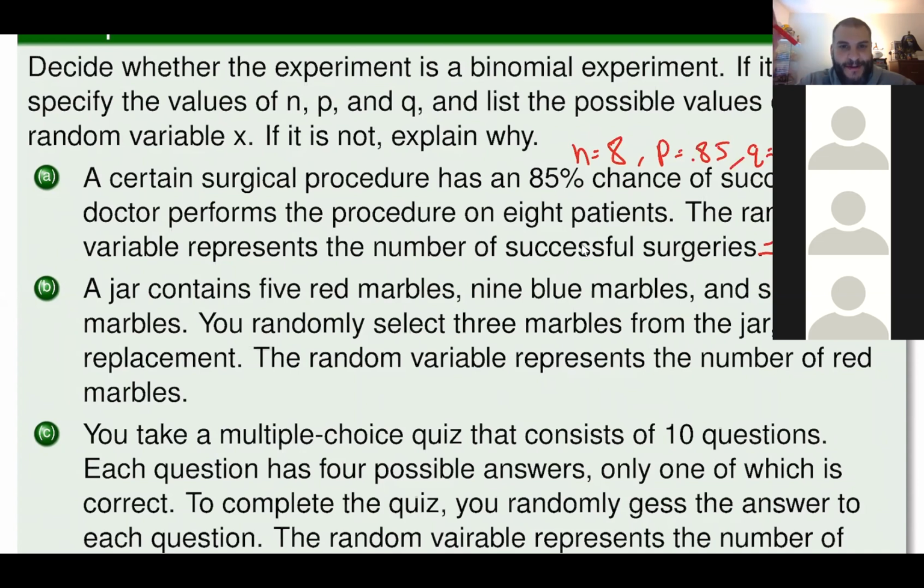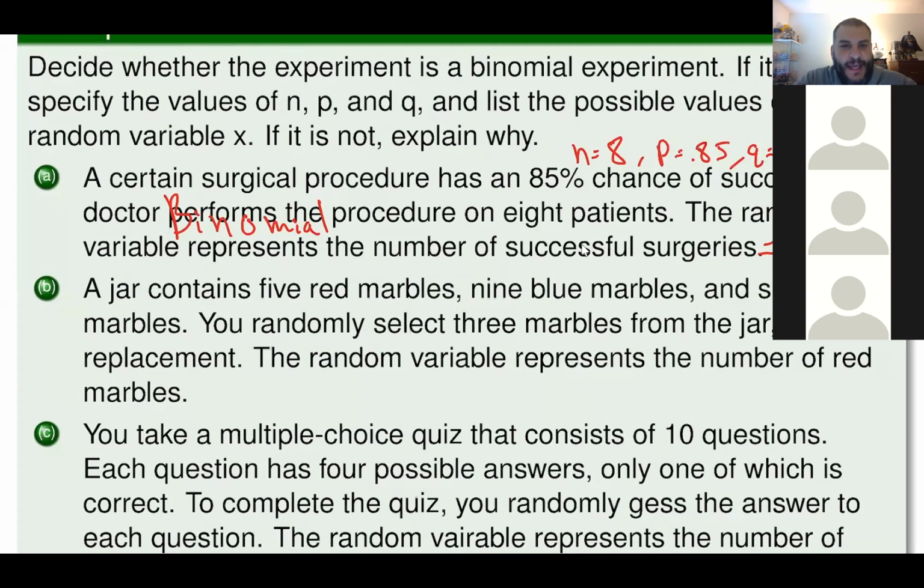Well, if you look at the problem, most likely it's going to remain the same because each person is an independent individual. It doesn't really matter if the first one is successful. It doesn't make it more likely that the second one is successful or less likely that it's successful. So we're going to say they're independent. So we're going to say this is a binomial distribution. All right, and that's it for A. So A will be considered a binomial distribution.